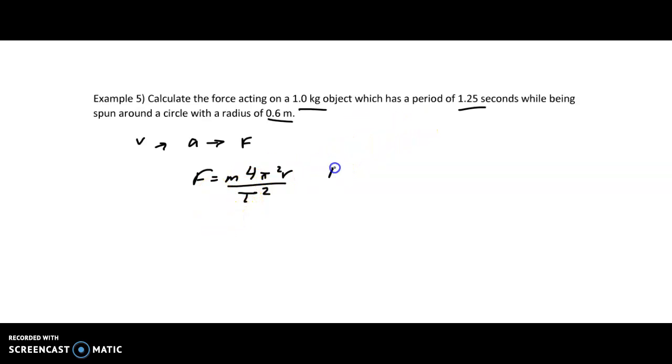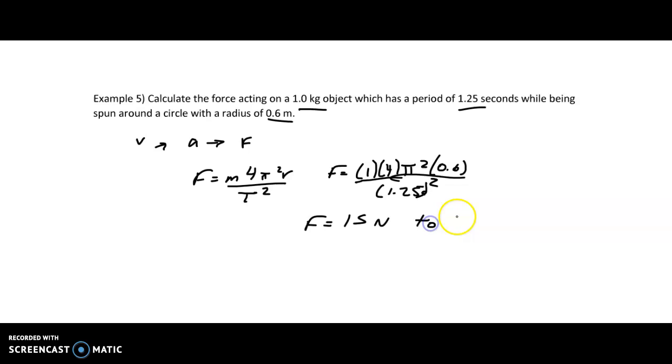And so this is the way that I'm going to solve this here. 1 kilogram, 4 pi squared, radius of 0.6 meters, all over 1.25 seconds squared. And this time the force winds up being 15 newtons, and again, that's to the center.